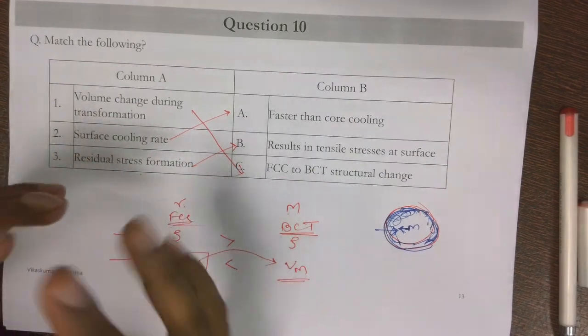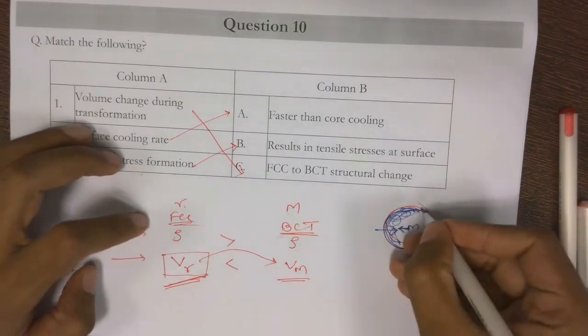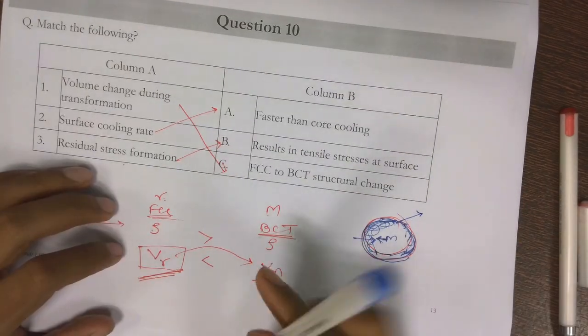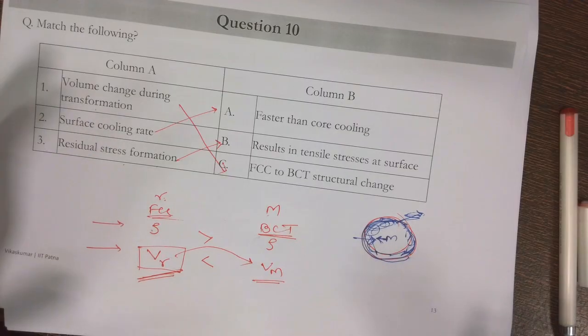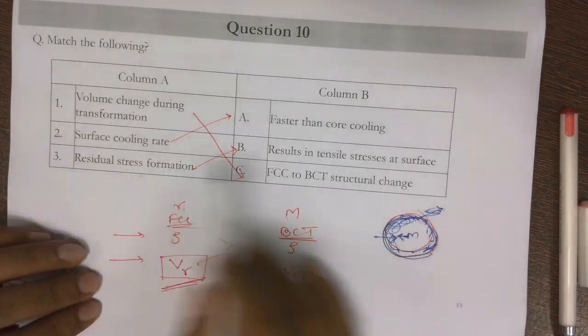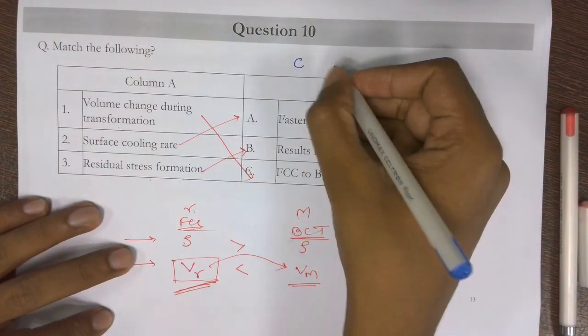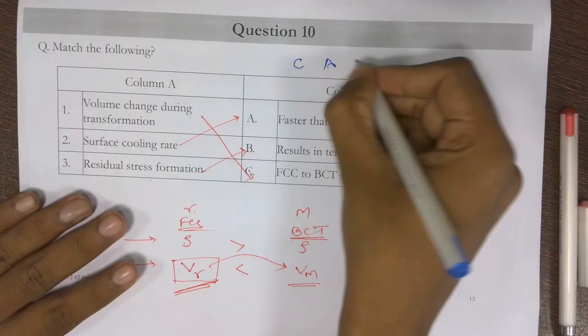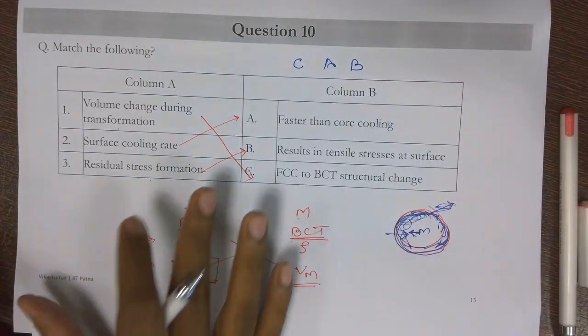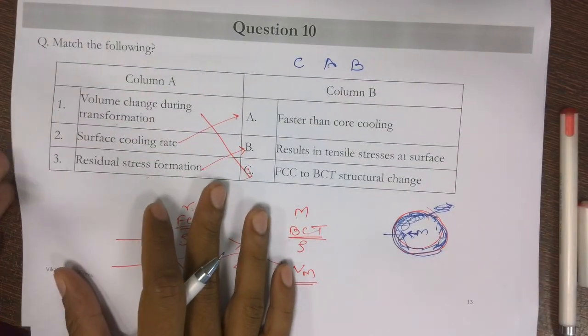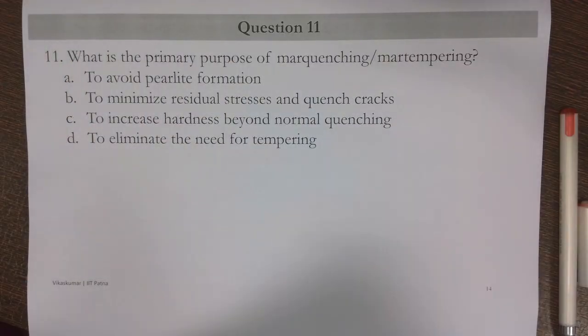The stress is there inside, and the surface is facing the tensile stress. So with that we can say that the right answer will be C, A and B. Any doubt in this, let me know. If not, let's go to the next question, question number 11.